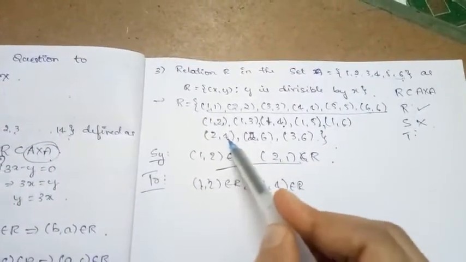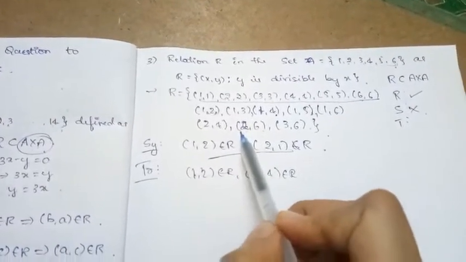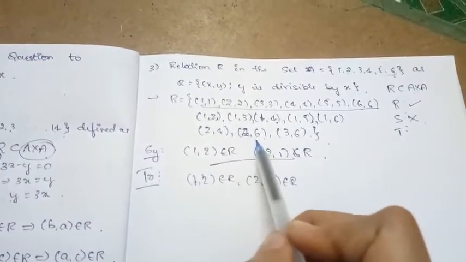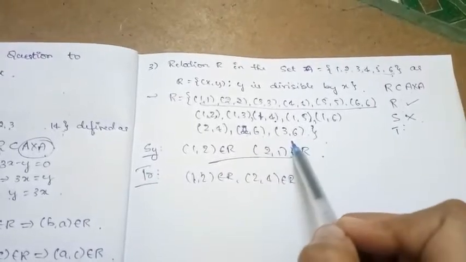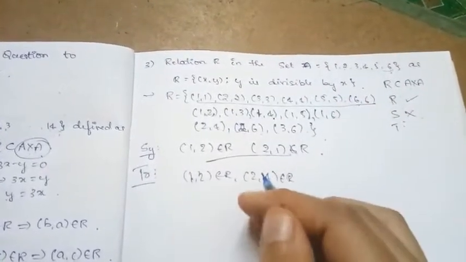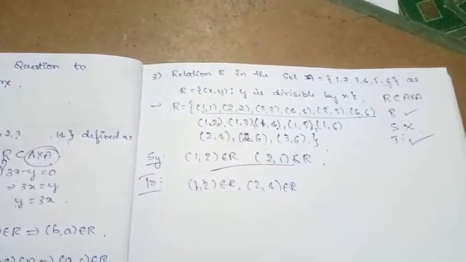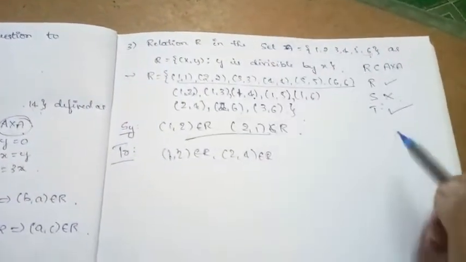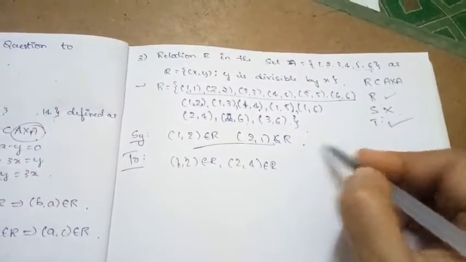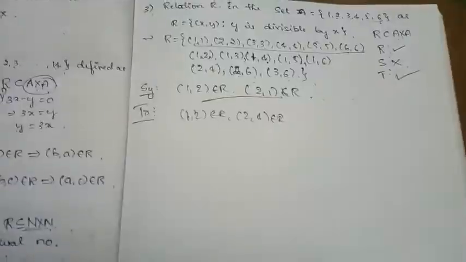Next (2,4): there is no ordered pair starting with 4. Similarly for (2,6) and (3,6). So all these ordered pairs satisfy the transitive condition. So this relation is transitive. So in this third example, it is a reflexive and transitive relation but not a symmetric relation.